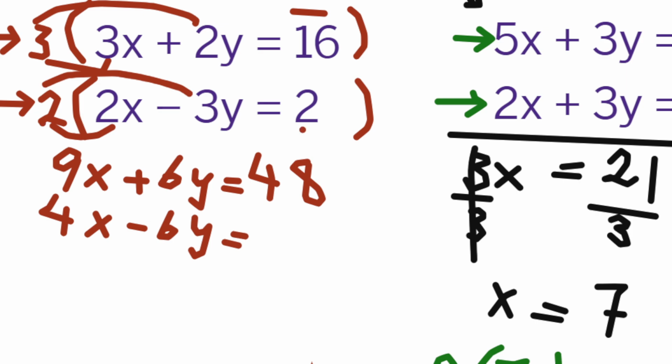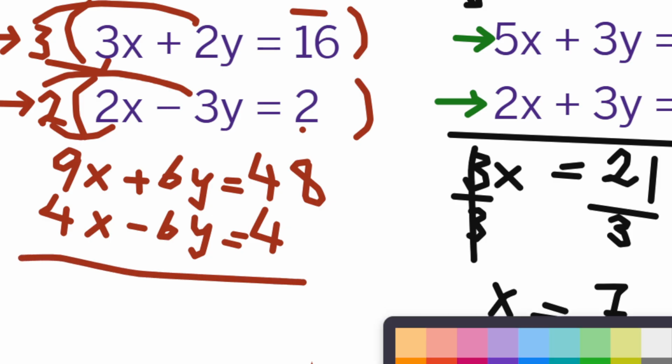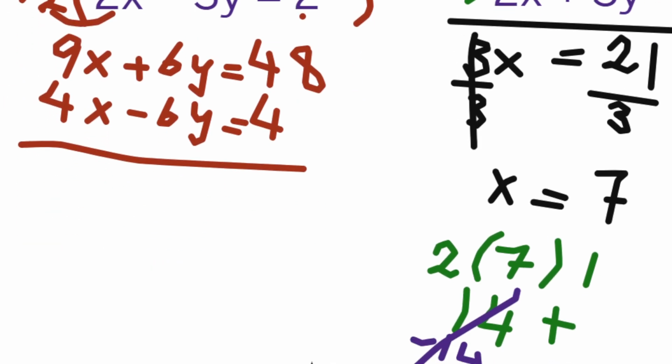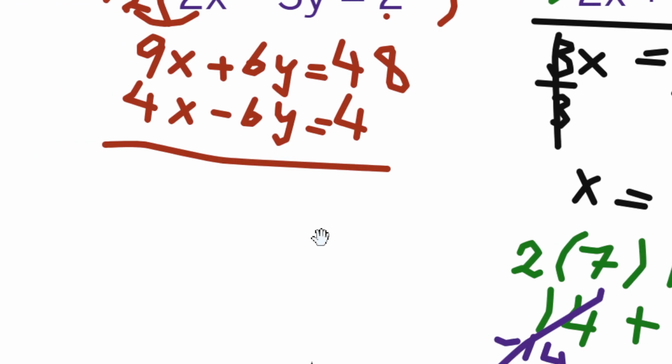And then 2 times 2 again is 4. Now that's very good. Now we got them to be equal. The y's have different signs. One y is positive and the other y is negative. So I'll add to cancel 6y and negative 6y.